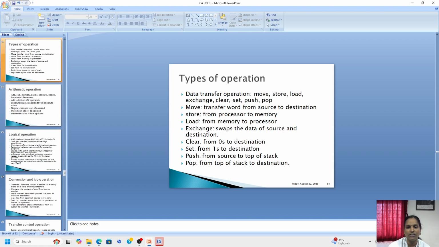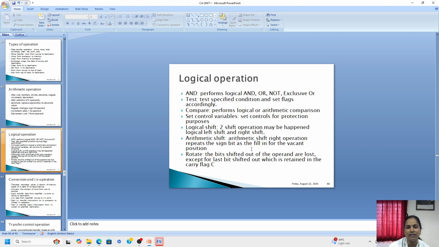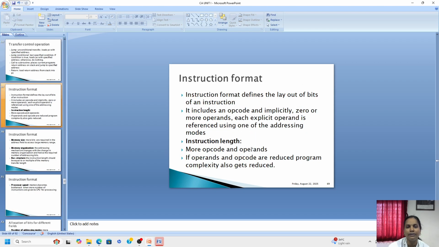Types of operations are data transfer operations: move, store, load, exchange, clear, set, push and pop. Arithmetic operations: add, subtract, increment, decrement. Logical operations: and, or, not, xor.